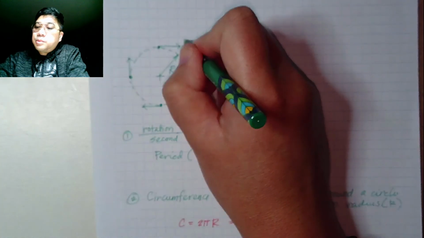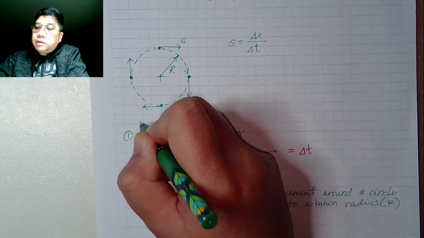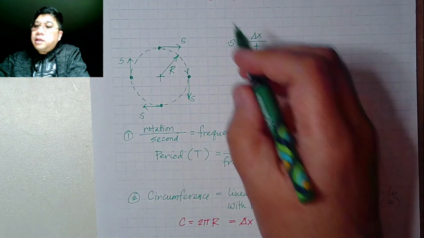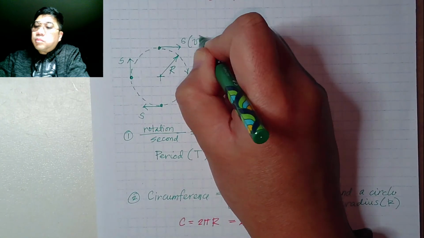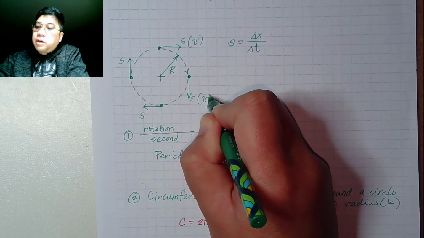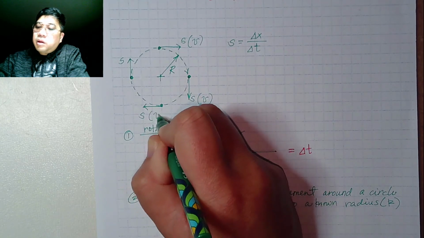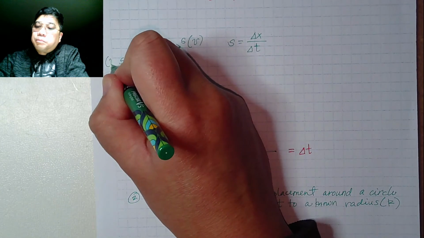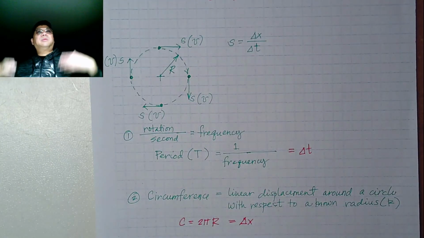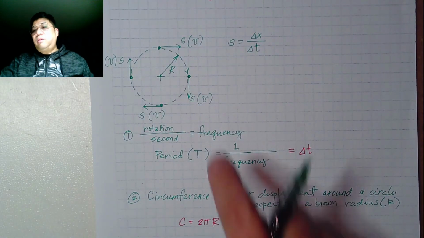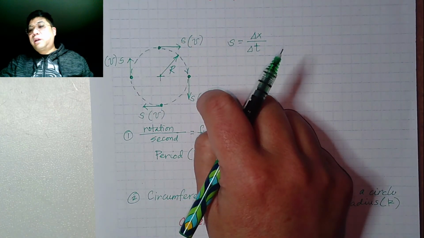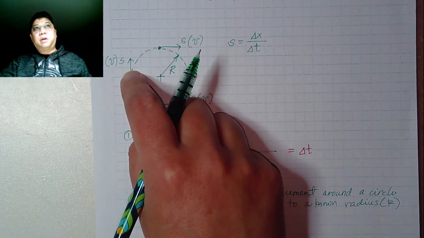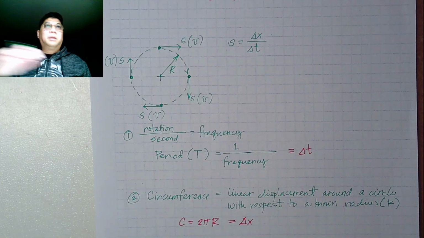To be exact, it is the velocity instead of calling it speed, because this time it is changing direction, but you have the same rate. 5 meters per second, now it's downward. 5 meters per second, now it's to the left. 5 meters per second, now upward. 5 meters per second to the right.